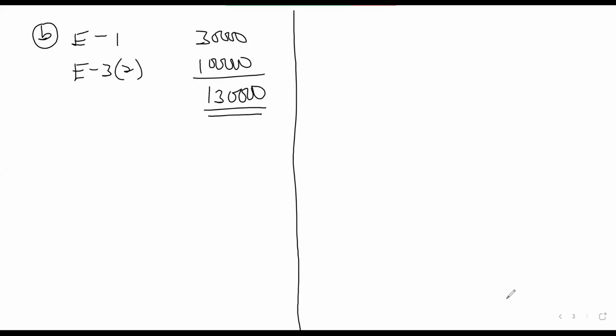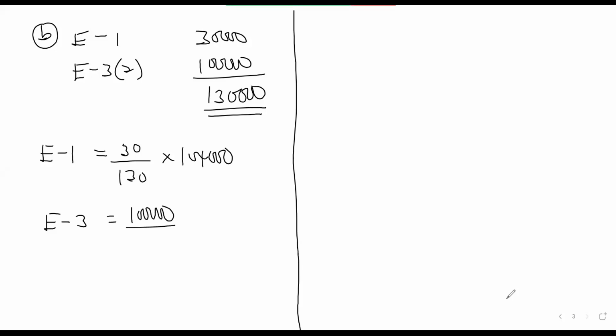130,000. But the amount that you are receiving now is what? 104,000. So you do 30 over 130 times 104,000. Then you do the E3, you do 100,000 over 130 times 104,000. How much are we having for each?